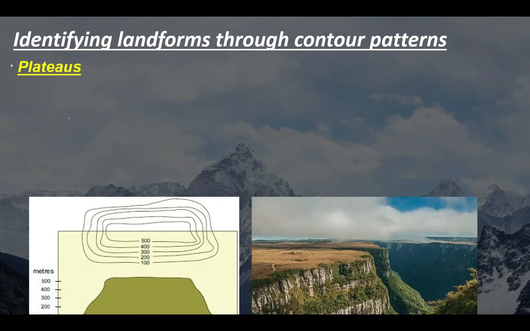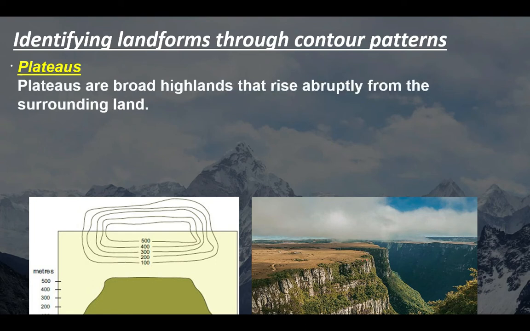Next topic, plateaus. We already learned in the previous classes what a plateau is. Plateaus are broad highlands. See, in this picture, the top area is very broad and rises abruptly from the surrounding land.